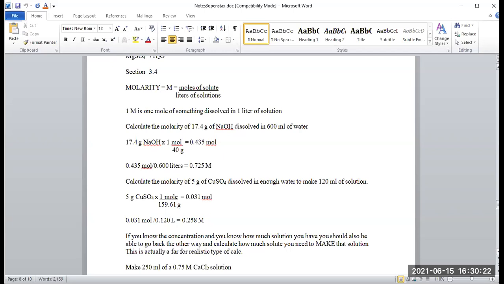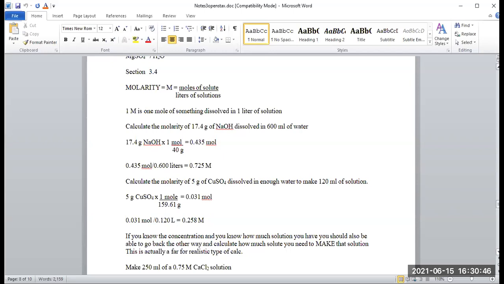If you have a 1 molar anything, you have 1 mole of your solute, and it is assumed to be dissolved in 1 liter of solution. This does not necessarily mean you have 1 liter of liquid and then you dump something into it, because that would make it more than 1 liter.